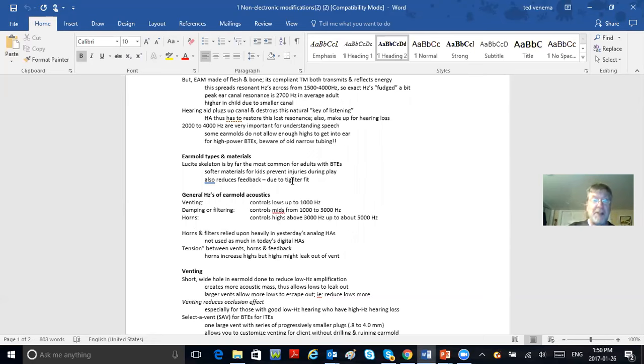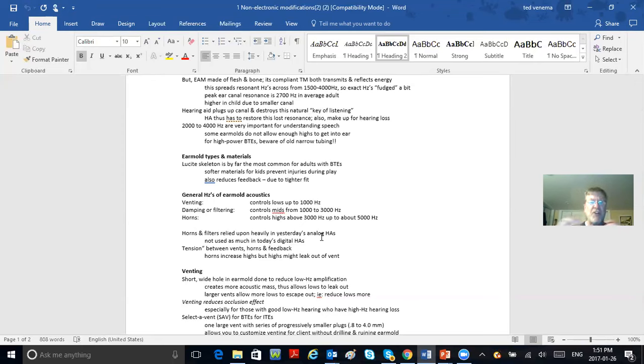Now, read with me here. General frequencies of ear mold acoustics: venting, damping or filtering, or horns, okay? Venting controls the lows. Damping or filtering is mostly the mids. Horns affect the highs. Horns and filters were relied upon heavily in yesterday's analog hearing aids, not so much in today's digital hearing aids.